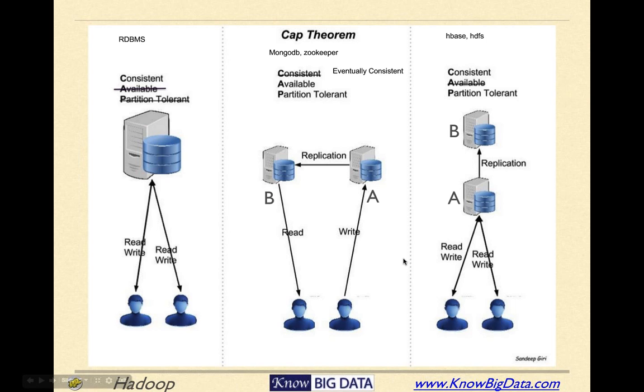If you have anything else in mind, you can tell me now. If you have any other architectures in mind other than these three, I could not come up with any other architecture. Are these clear to all of you, these three structures?